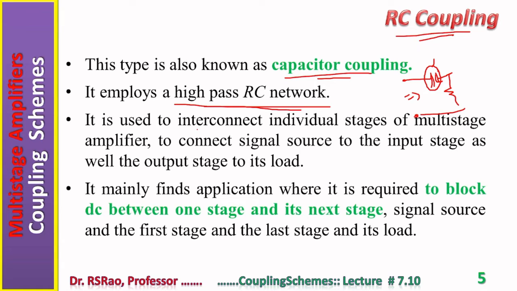It is used to interconnect individual stages of a multi-stage amplifier, to connect the signal source to the input stage as well as the output stage to its load. So capacitor coupling not only is used to interconnect individual stages of a multi-stage amplifier, it is also used to connect the signal source to the amplifier and the load to the output stage.